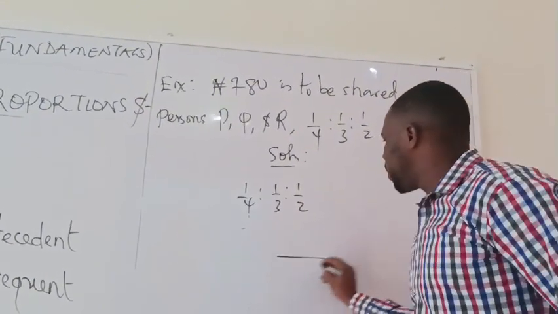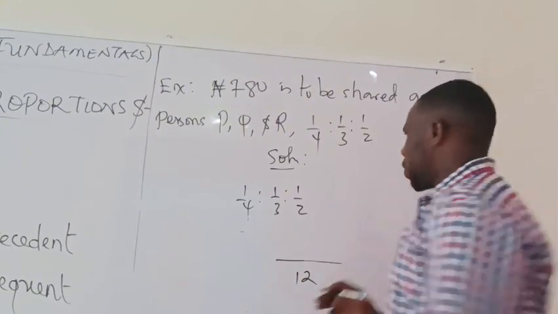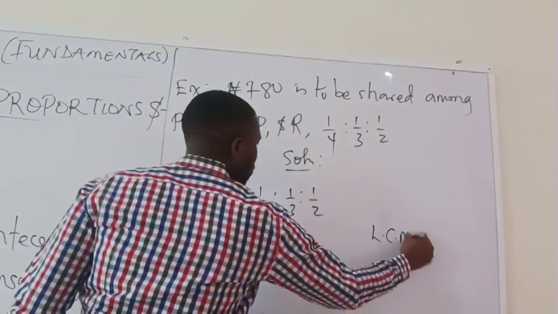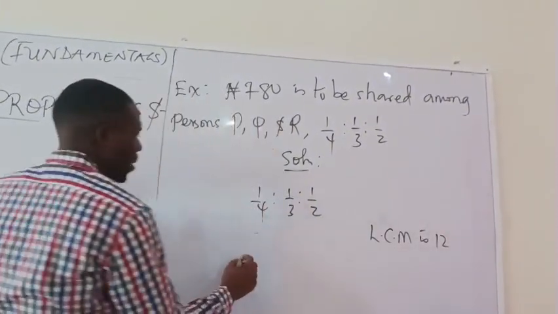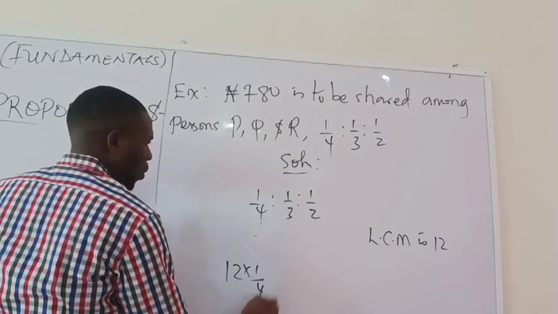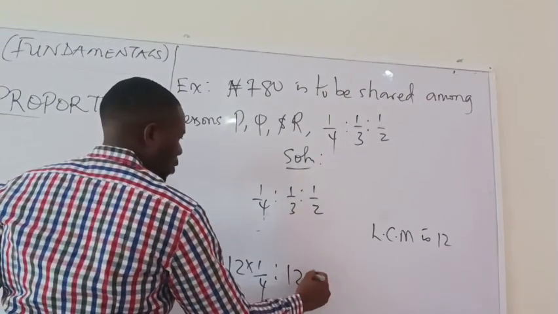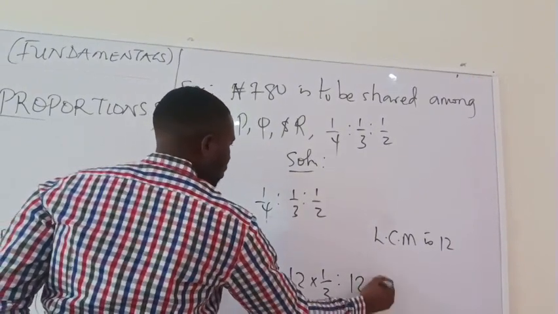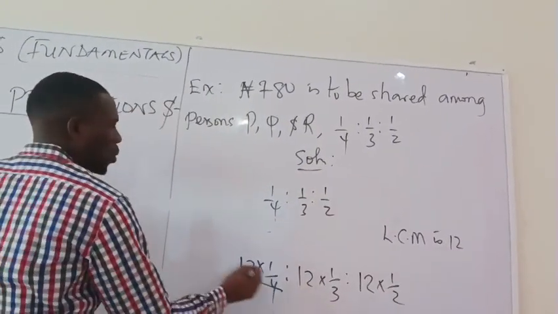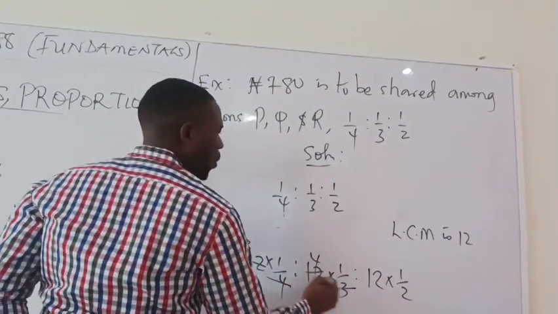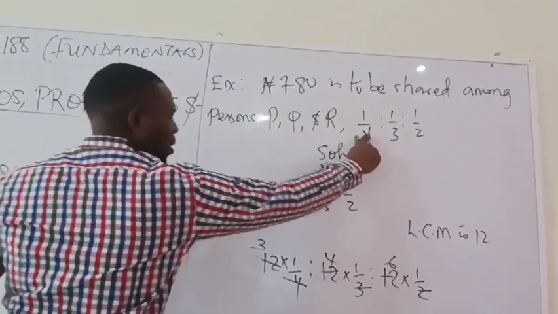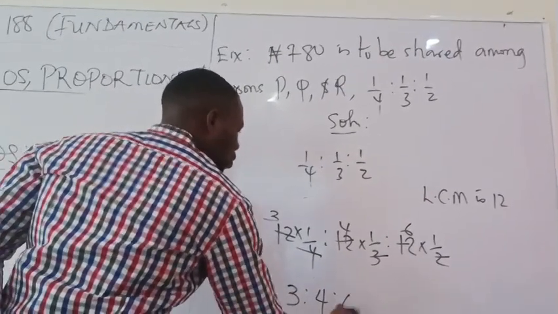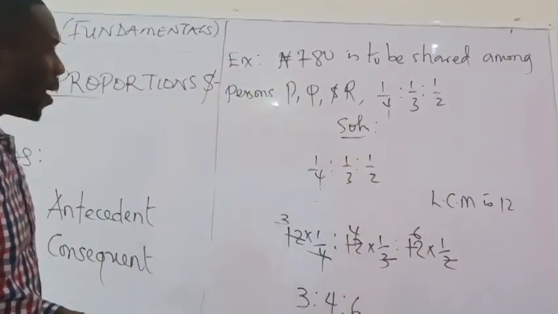So I multiply each of these terms by 12, which is the LCM. So 12 times 1/4, 12 times 1/3, and 12 times a half. So you see this will go 3 times. This is 4, and this is 6. So this boils down to the ratio 3 to 4 to 6. And of course, I can't really divide further.